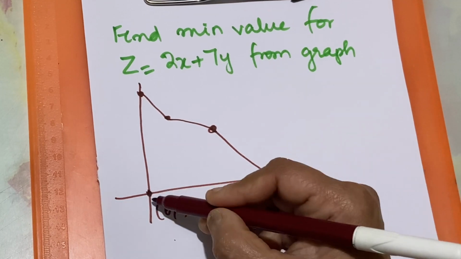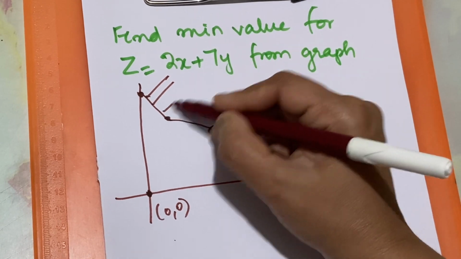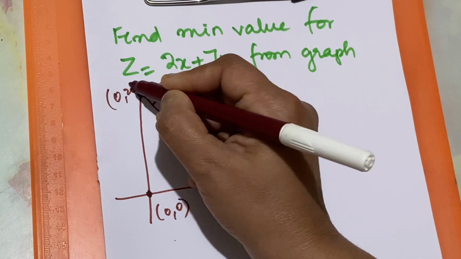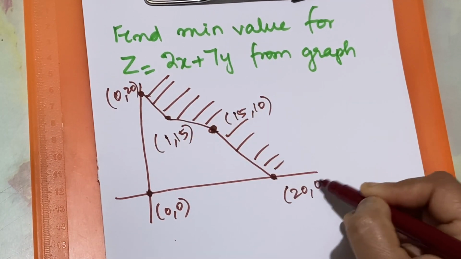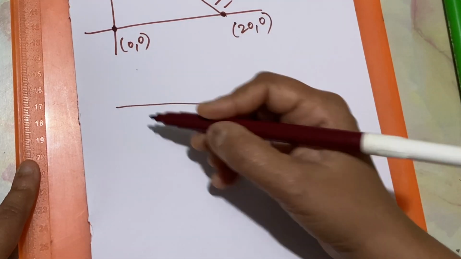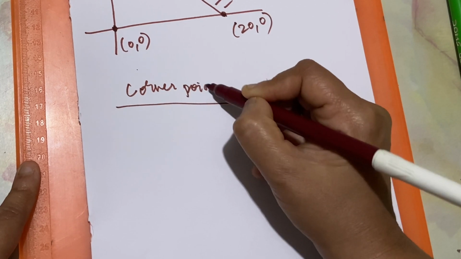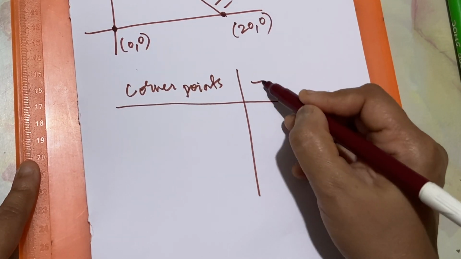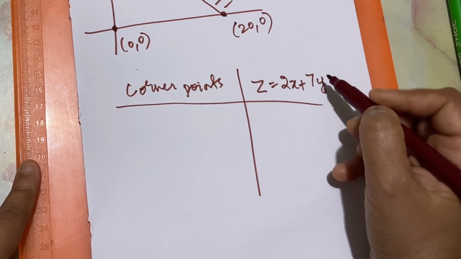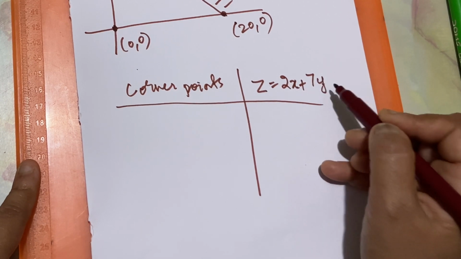We have actually 5. 1, 2, 3, 4, 5. And this is the feasible region indicated. These are the corner points. Here we have to find corner points and substitute in the objective function. Here objective function is 2x plus 7y. X and y are decision variables.